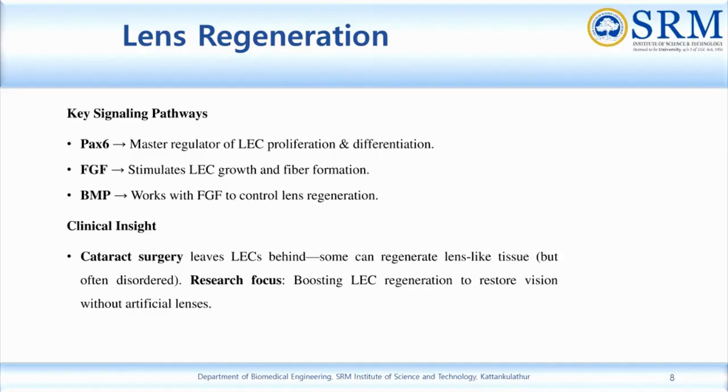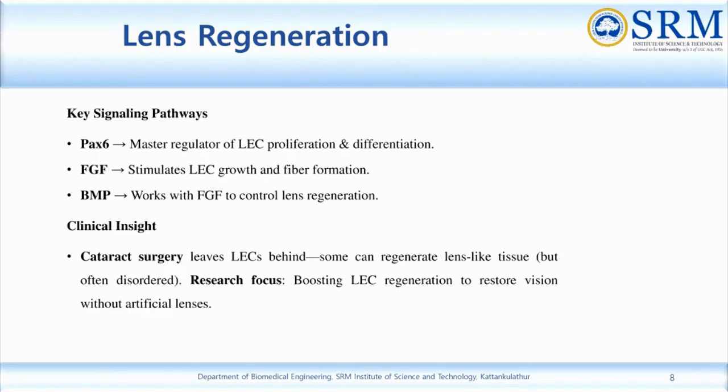So I'll be ending this lecture note on a clinical insight. Usually, when a cataract surgery is done, it leaves behind the lens epithelial cells. Some can even regenerate the lens-like tissue, but the problem with this is that the lens cells that are usually formed are often disordered.